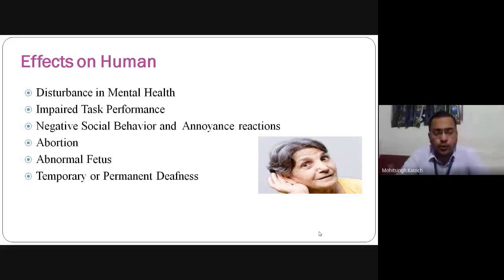So after going through these lists, you can clearly see how noise pollution is hampering our life and how human beings are getting extremely disturbed due to this noise pollution.